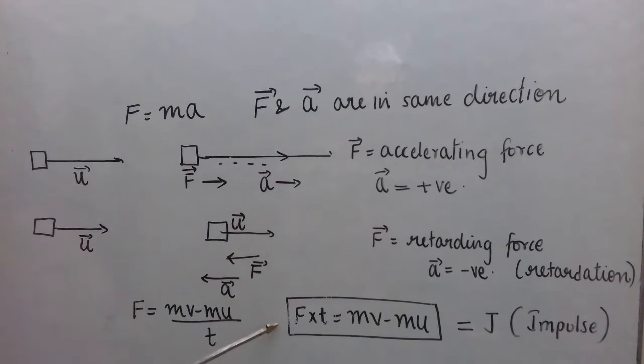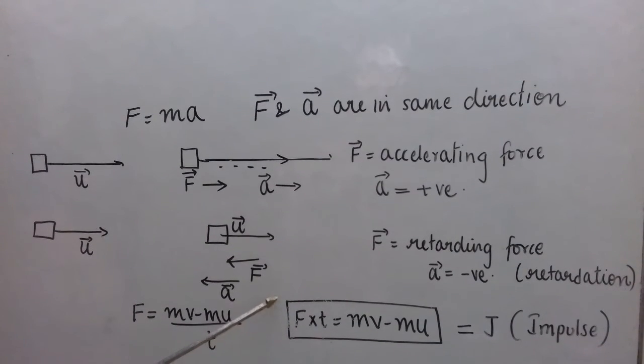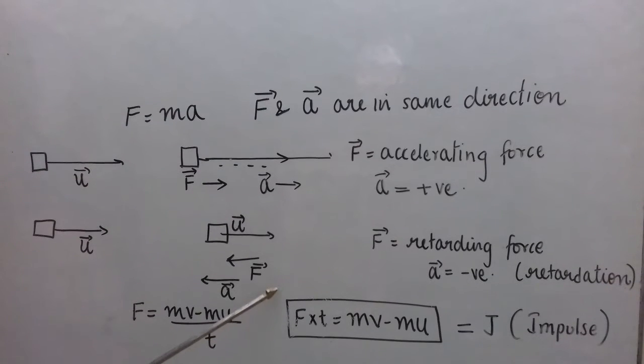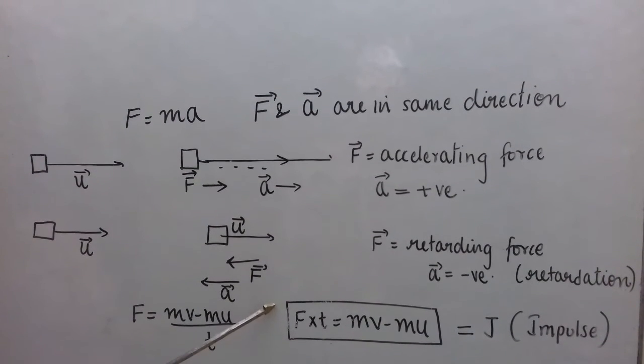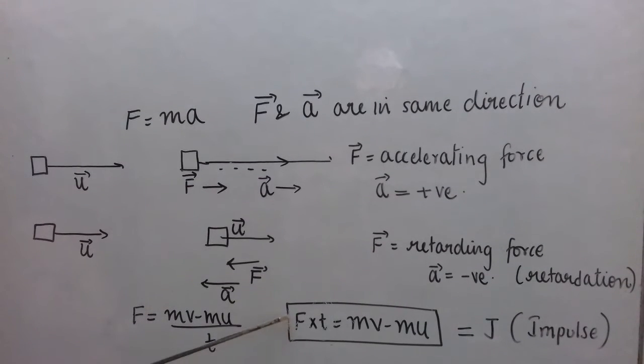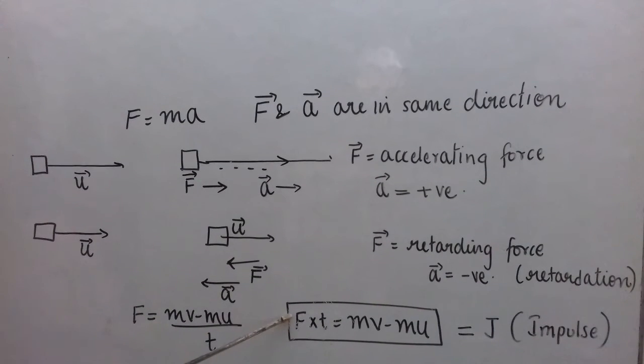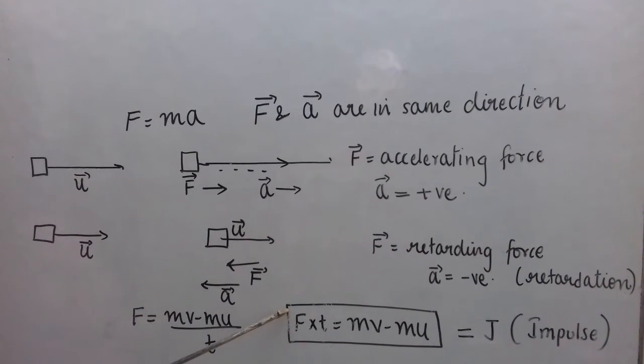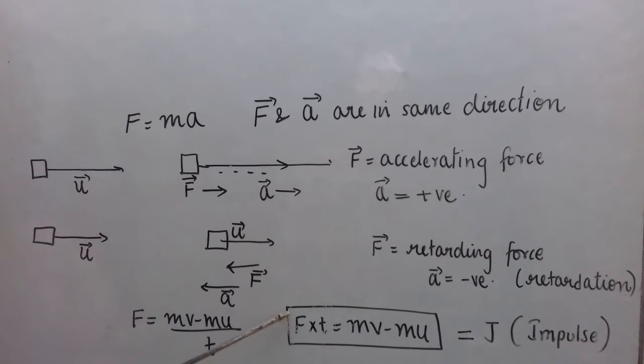Similarly, you can also give an explanation when a person does high jump. A person doing high jump is made to fall on sand or a mattress or cushioned bed. Why? Because similarly to the ball being stopped, he is also going to stop. If it is a cemented road or anything very hard, the time taken for him to stop will be reduced and the force applied by him, and on him by the surface of contact, will be more, and he can get injured.